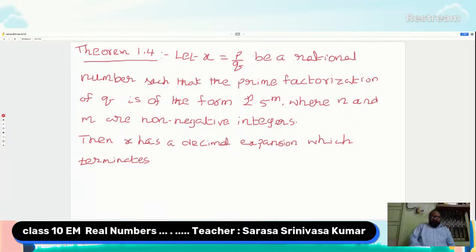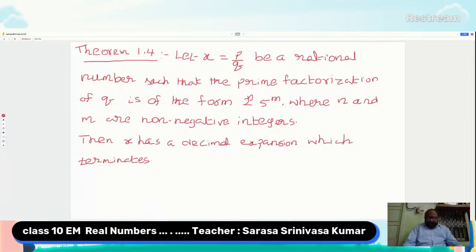Now, the prime factorization of the denominator, that is q, is of the form 2 power n 5 power m. In the previous examples, we found that the denominators of those numbers are of the form 2 power n 5 power m.